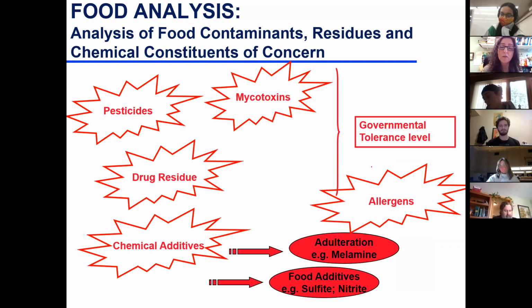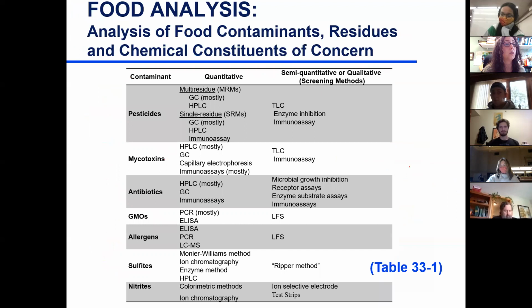There are a couple of very informative tables in the book that would be good to study from. The first one here is table 33.1. This table summarizes main contaminants: pesticide, mycotoxin, antibiotics, GMO, which is another area we didn't talk about, allergens, sulfites, and nitrite.